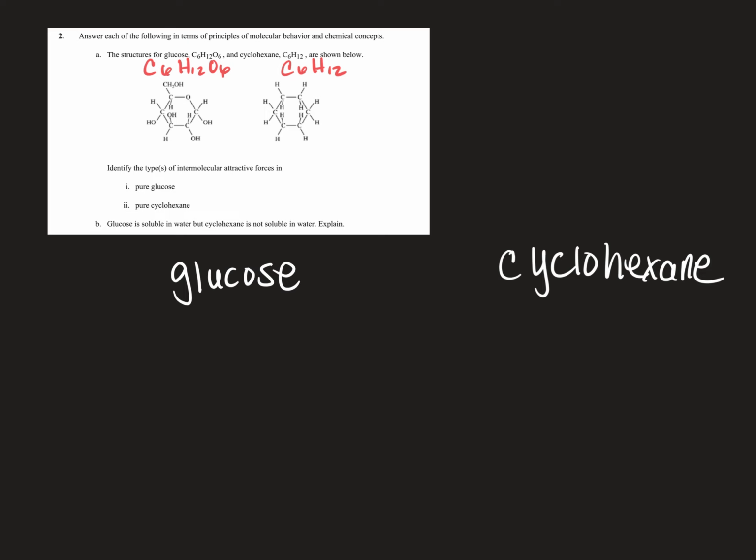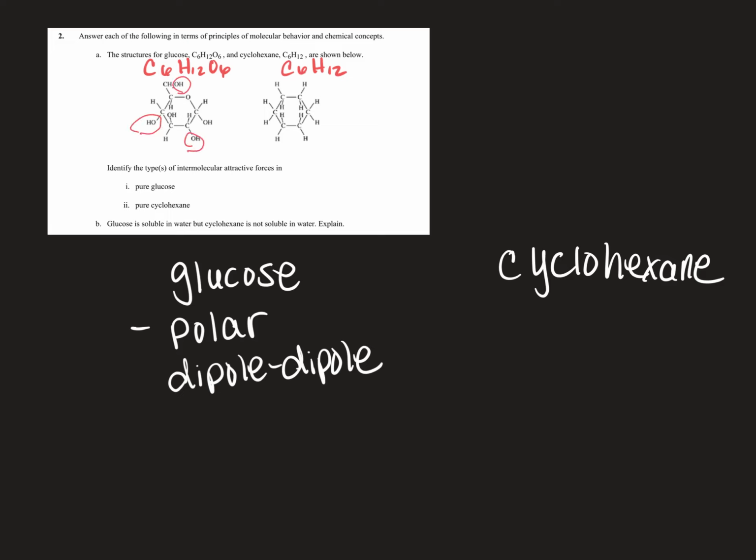When I look at the two of them, glucose is going to be polar. If it's polar, then it has dipole-dipole. Does it have hydrogen bonding? Does it have HNOF? Well, I look at OHs around here, so that means that it has hydrogen bonding.